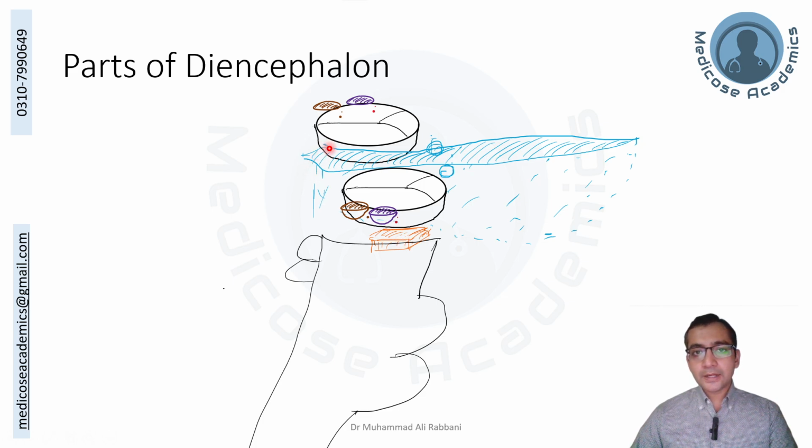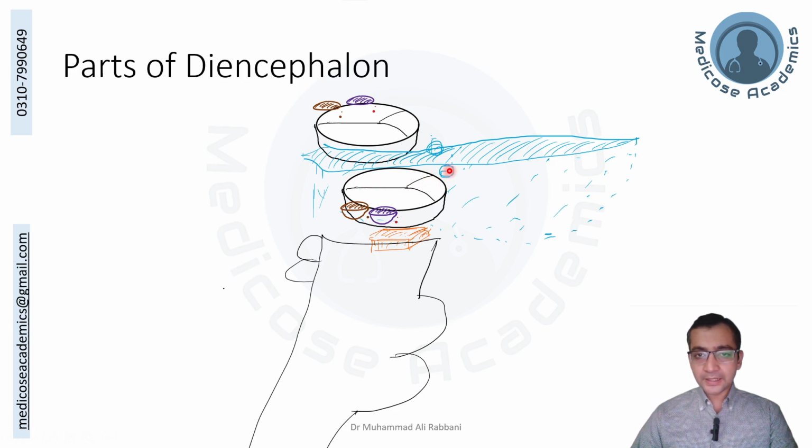Then look at the third ventricle. Between the two thalami is the third ventricle. This is a CSF containing cavity, and it extends well beyond the thalamus. We will see shortly that it is extending into the hypothalamus. So this is the cavity of the diencephalon.